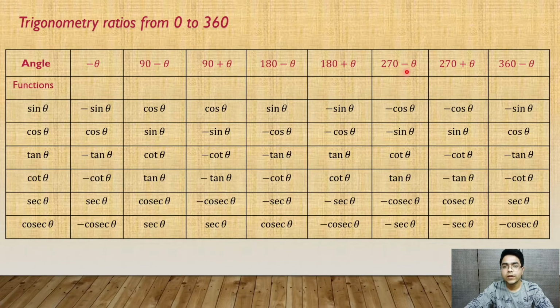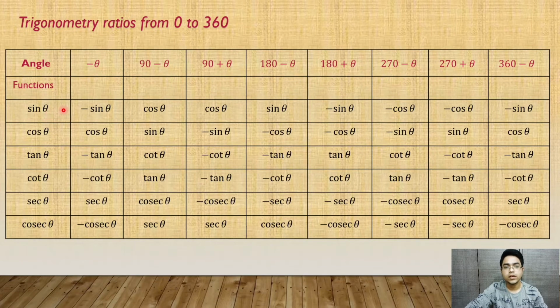For 270 minus theta, again it is the third quadrant. For the third quadrant, tan and cot are positive, and all others are negative. So you can see that it is 270, so the reciprocating terms will be coming.